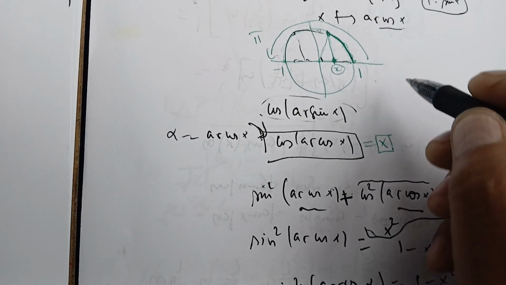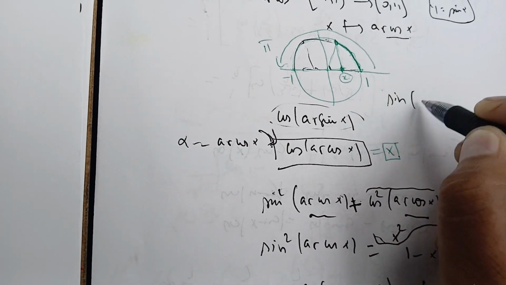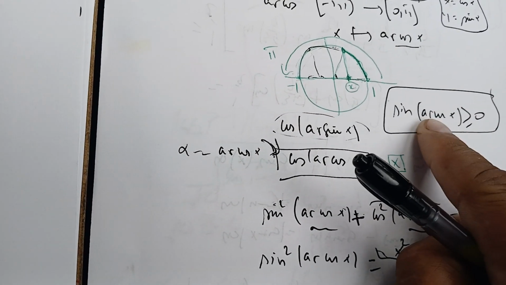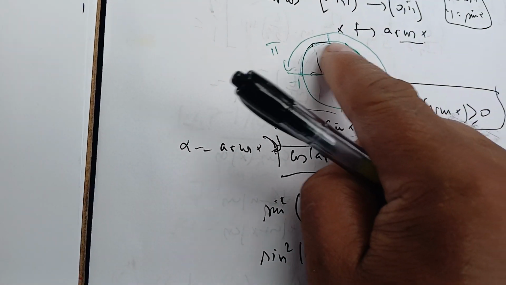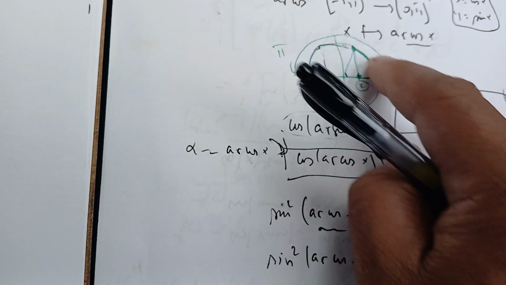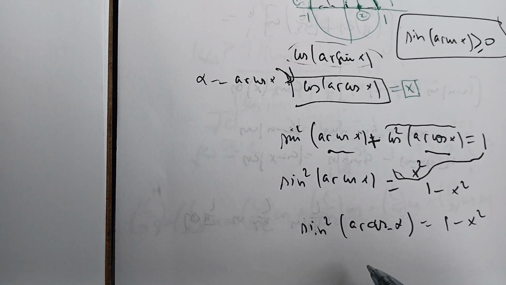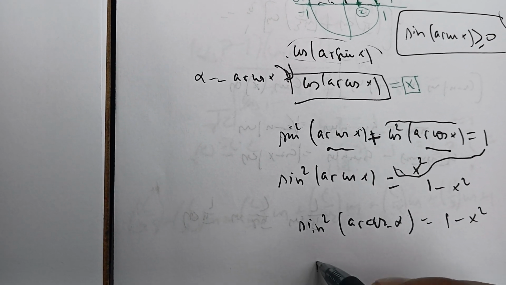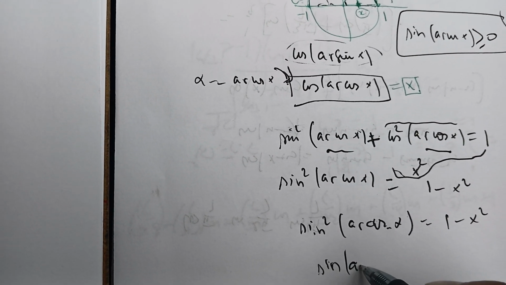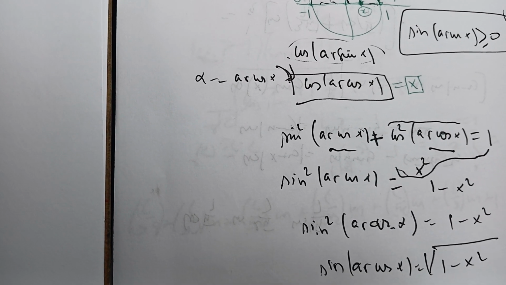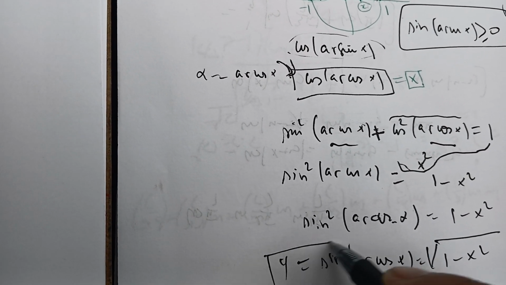It's always positive, because the arccosine is in 0, pi. So when I take the square root, I get that the sine of the arccosine of x is the square root of 1 minus x squared. And this is my function.